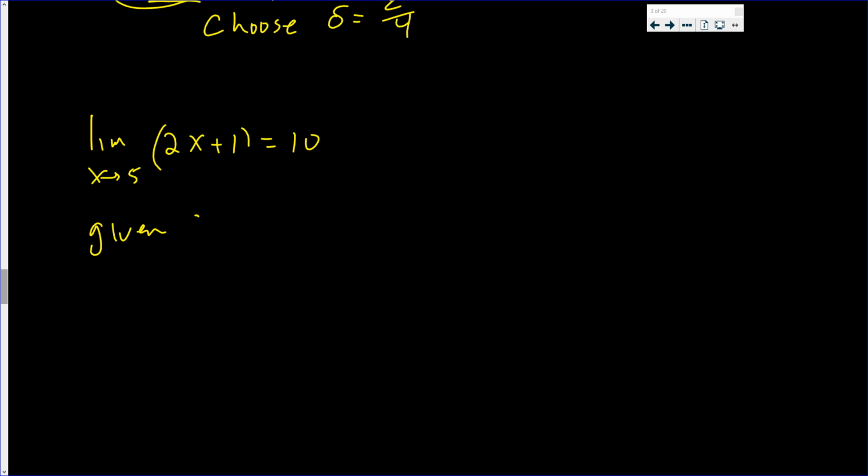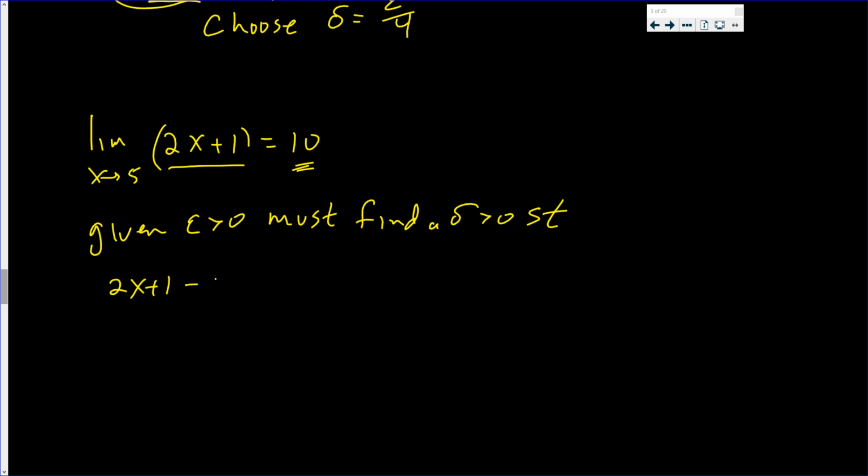Given epsilon greater than 0, you must find a delta greater than 0 such that the absolute value of f of x minus L is less than epsilon whenever the absolute value of x minus c, and c is that number there, is less than delta.